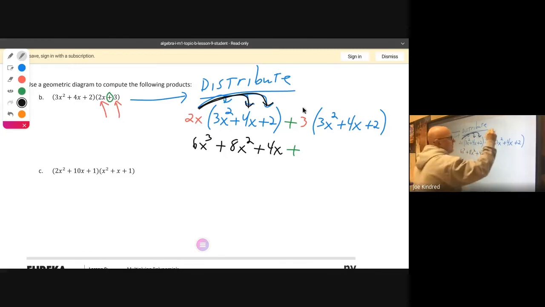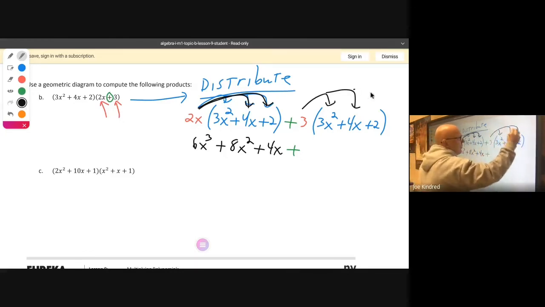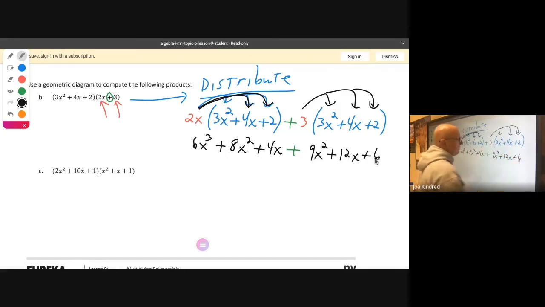multiply again, distribute, distribute, and distribute. 3 times 3 is 9x squared. 3 times 4 is 12x. And 3 times 2 is 6. Now we're going to add like terms. This is review of lesson 8.